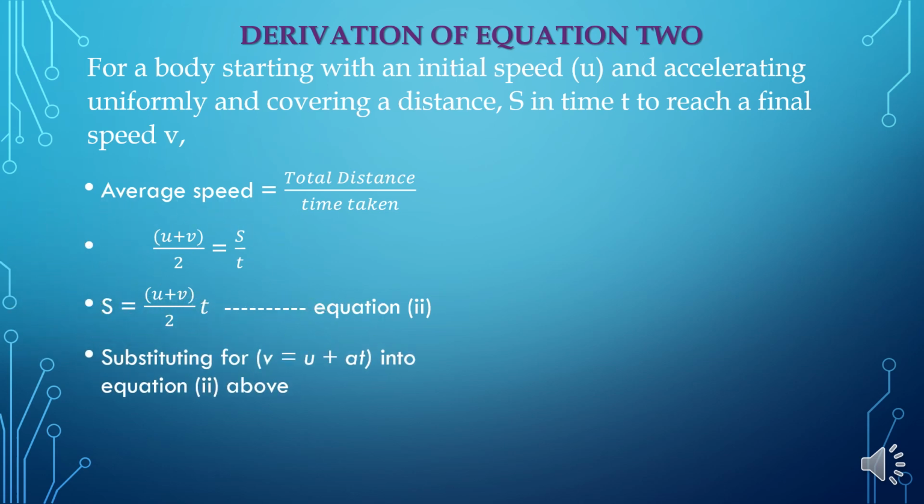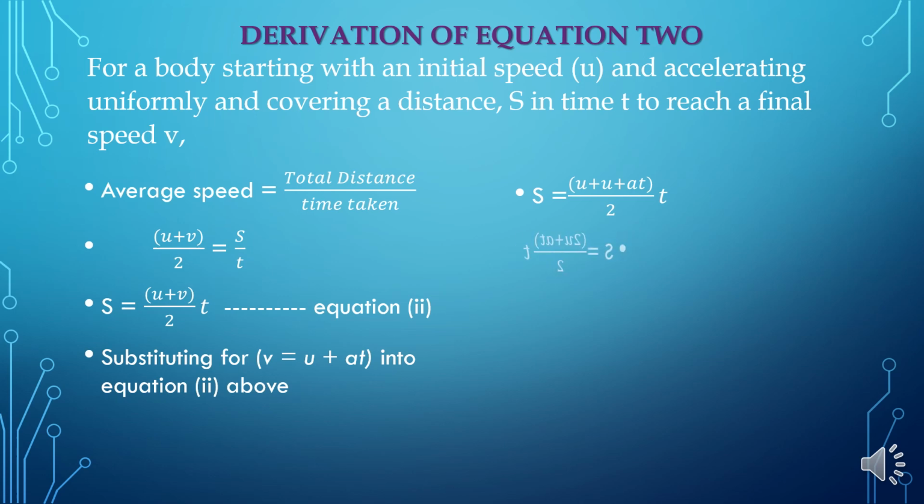So substituting for v equals u plus at into equation 2, remember v equals u plus at is the first equation of motion. When you substitute into this formula, replacing v with u plus at, we have distance or position, as the case may be, equals u plus at over 2, all multiplied by t.